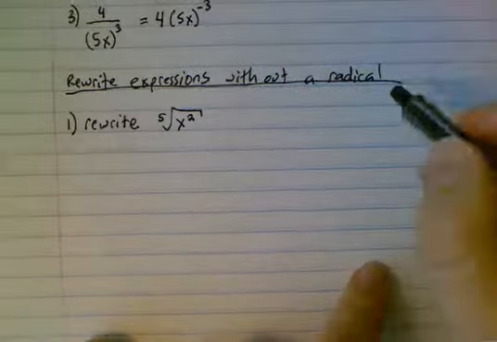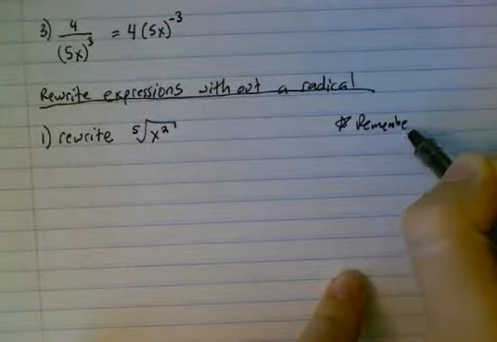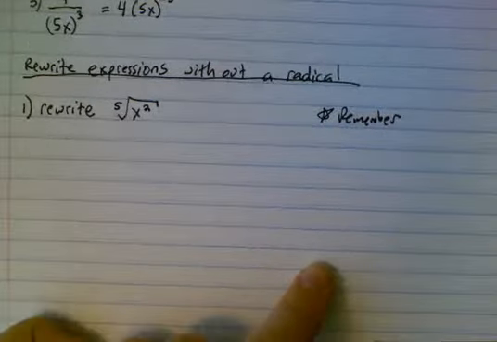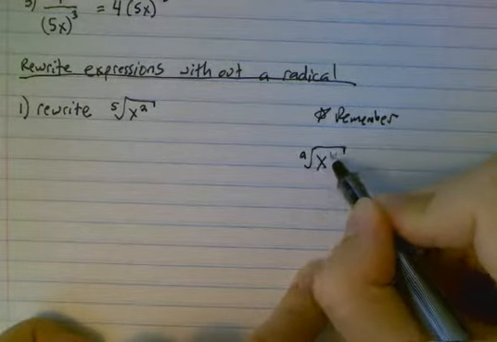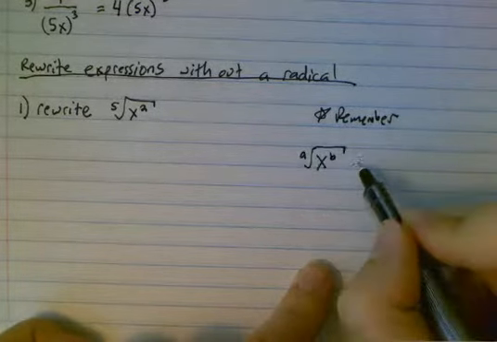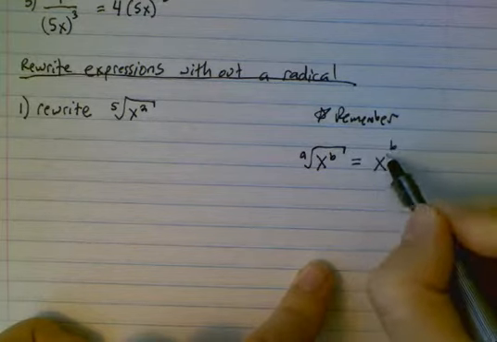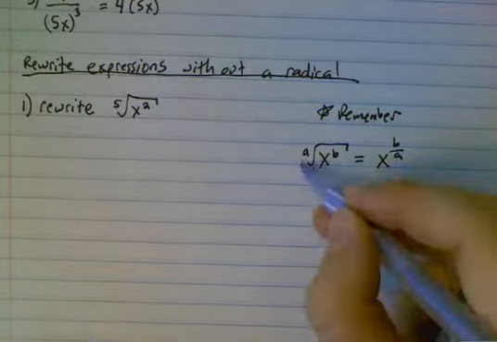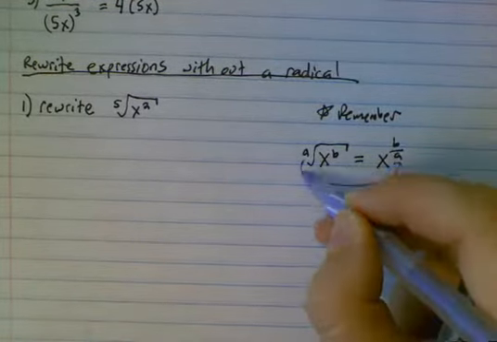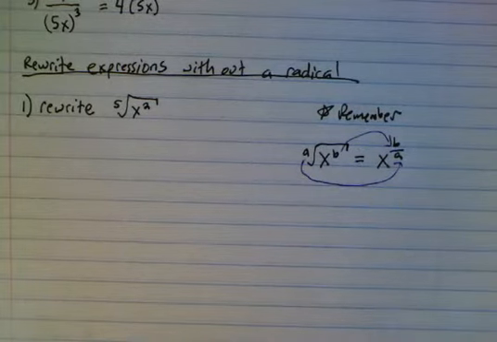The really important thing to remember is that the a-th root of x to the b is the same as x to the b over a. Notice that we've got this one on the outside that's going on the bottom. This one on the inside is going on the top.